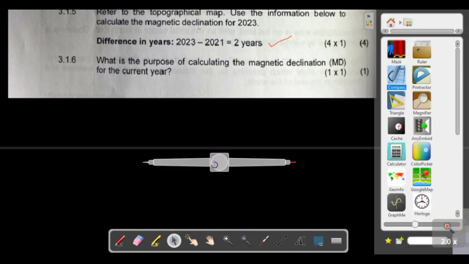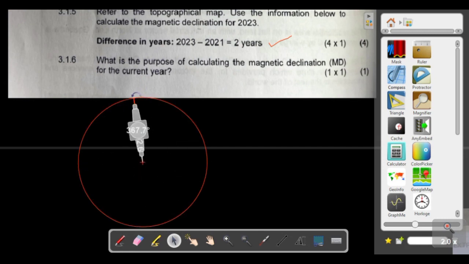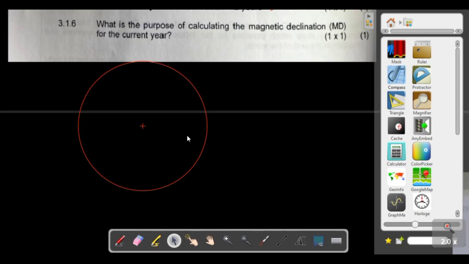Let's take a compass here and just quickly draw a circle. Okay. So with this circle, guys, this is your Earth, and your Earth has what we call true north. Okay, maybe let's use a thicker line.